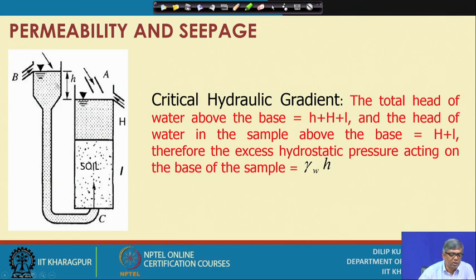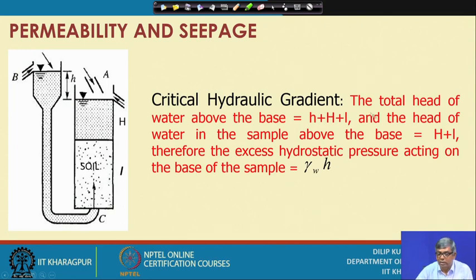So, when this flow is taking place, what is the head under which the flow is taking place? This is the H, because this is the maximum head here and the maximum head here. Because of this difference, the flow will take place, and above the soil sample there is water of height capital H, and the soil length is L, suppose.